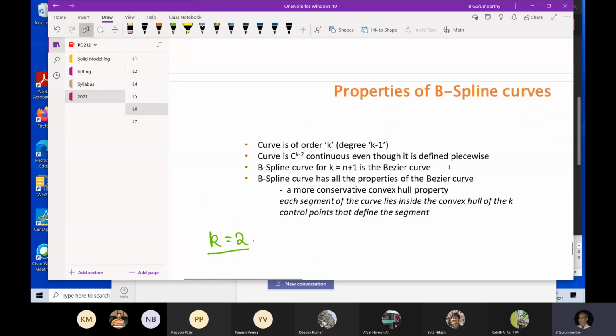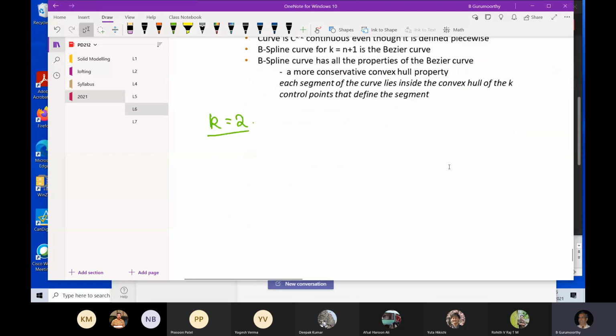Now I have a question for you, with which I will stop, and we'll answer it in the next class. All this while we were trying to define curves for which there were no analytical expressions already available with you.